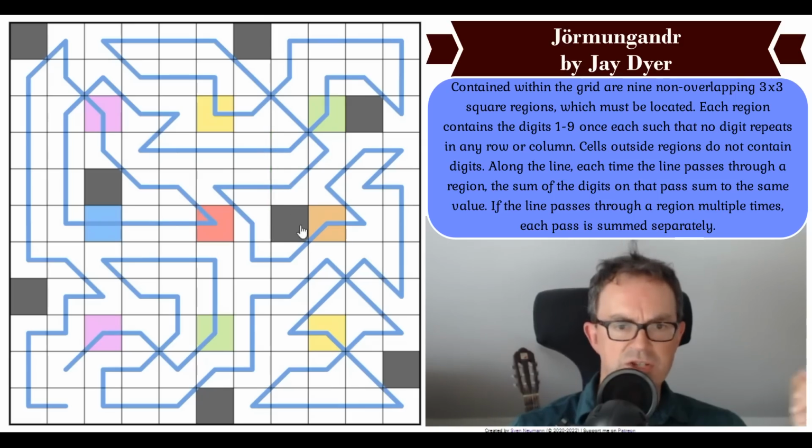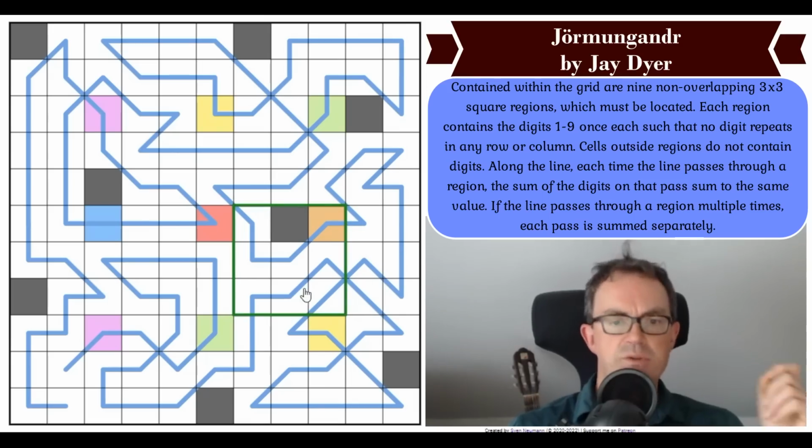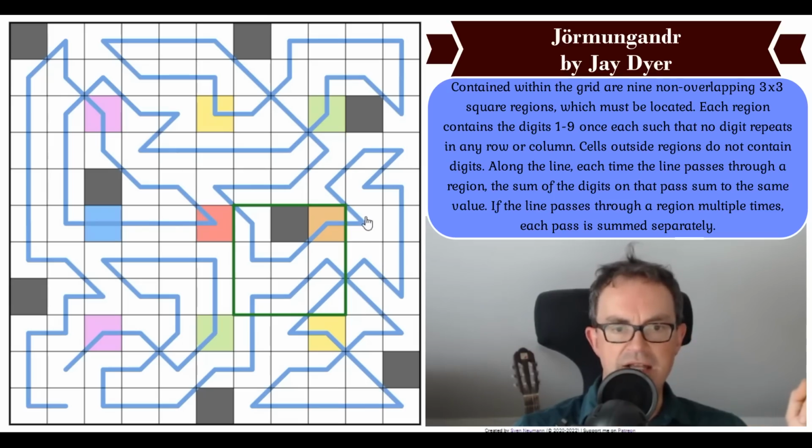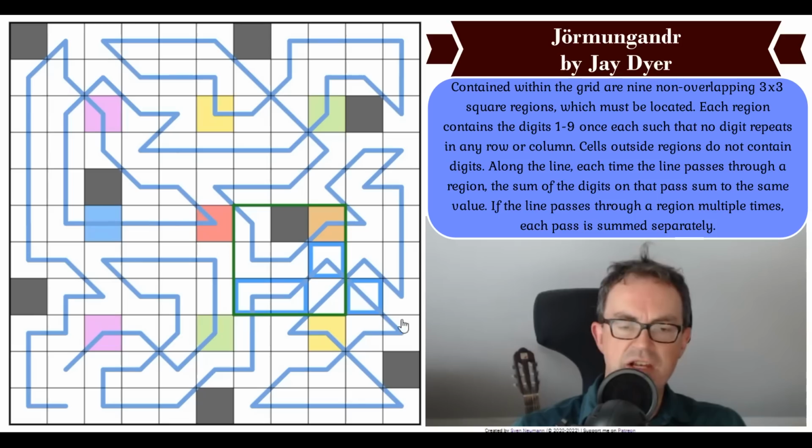It's actually quite difficult to put this in. I'm just going to go for this one. This might be a silly one as well. But let's try and think about how this might work. We know that as the line enters this box, it picks up 15's worth of digits and then it leaves again. And as it enters down here, it picks up 15's worth of digits and then it leaves again.